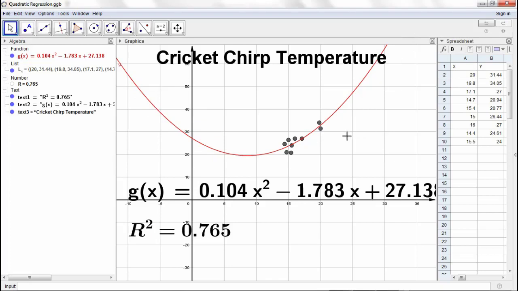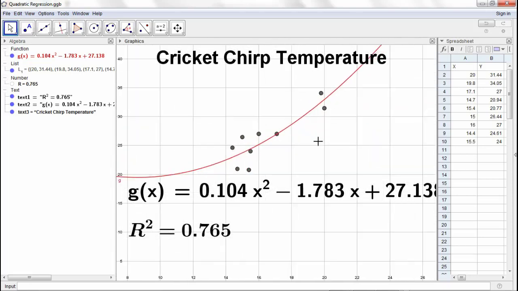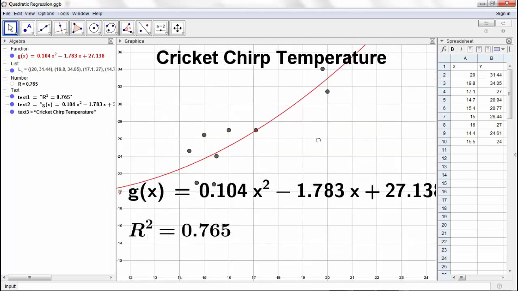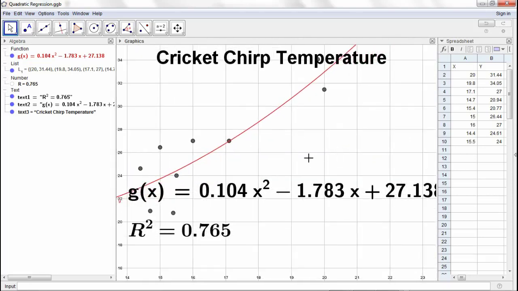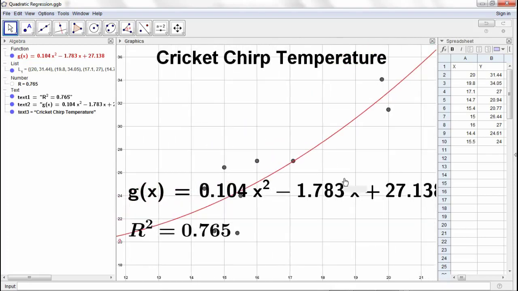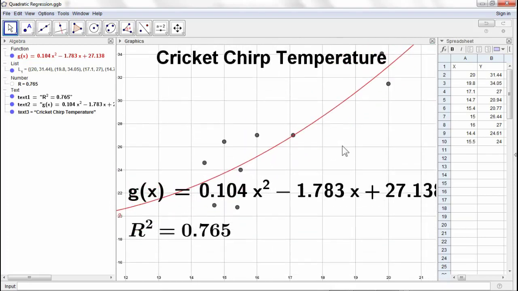If we zoom in to the points and zoom in further, we can see that it is almost a line. It looks like a linear function.